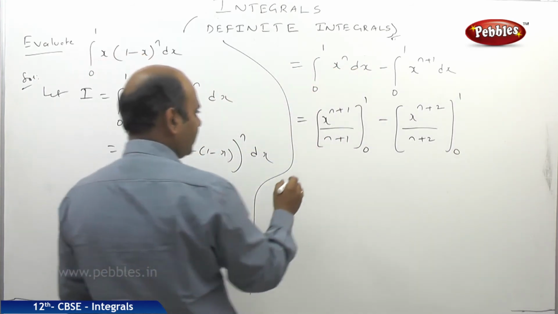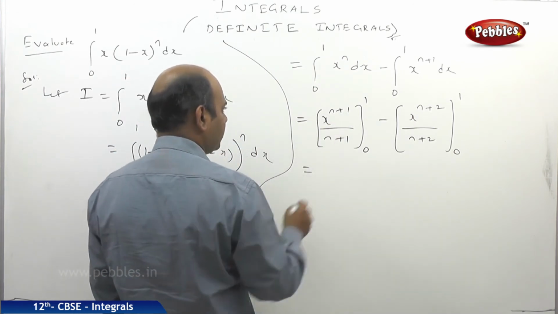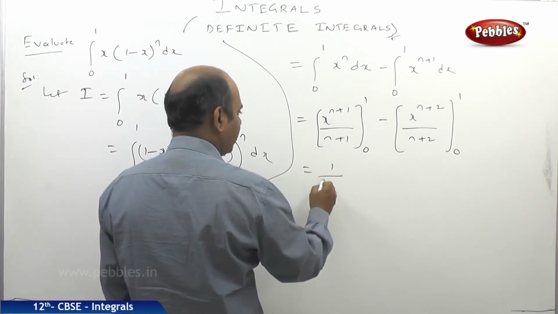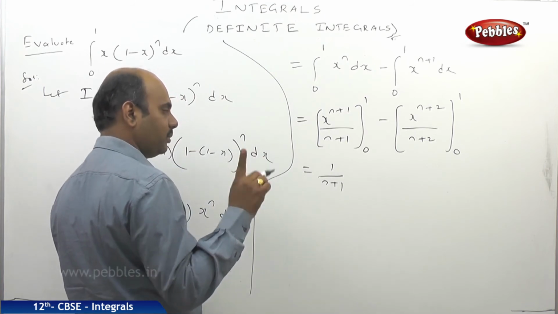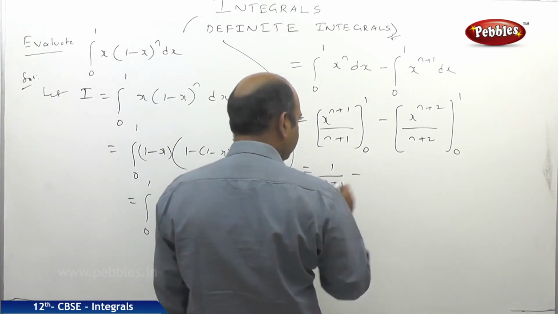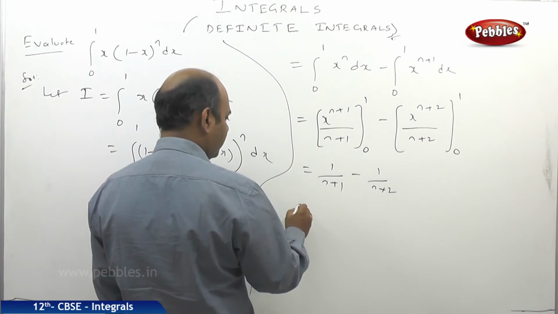So what happens finally? That is equal to substitute upper limit, substitute lower limit. So substituting upper limit means what I will be getting? 1 by n plus 1, because 1 power n plus 1 will always be 1. 0 substituting means it becomes 0. Minus of, here also the same thing, 1 by n plus 2.